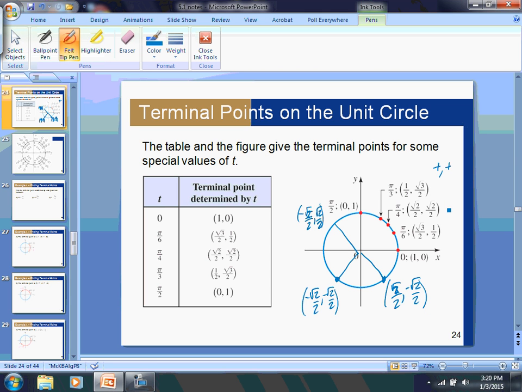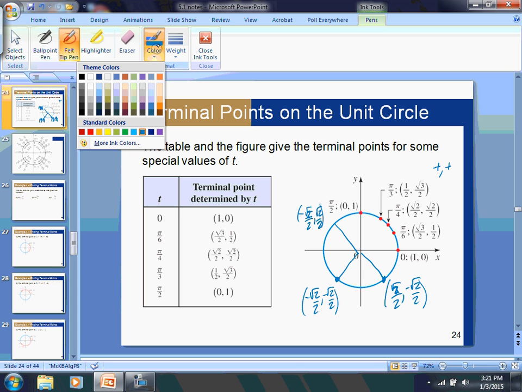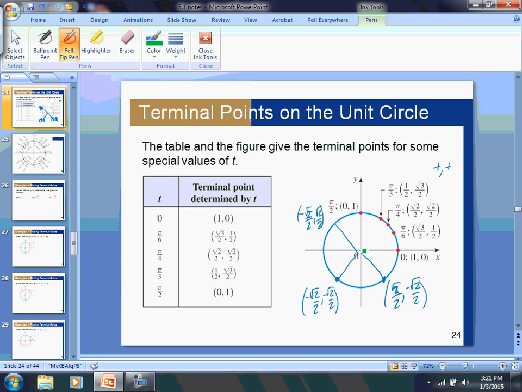So it's going to be these same ordered pairs for all of the similar corresponding little slices. All the pi over 6's are still going to have these values in their terminal points.